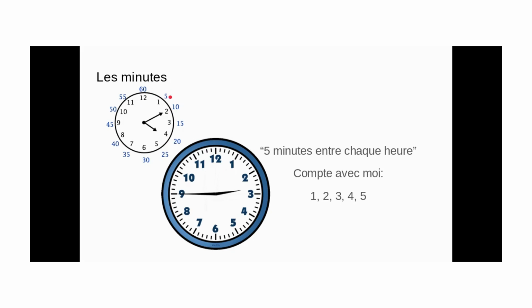Compte avec moi par 5. 5, 10, 15, 20, 25, 30, 35, 40, 45, 50, 55, 60. And when the hands make a rotation, it completes an hour, which is 60 minutes.